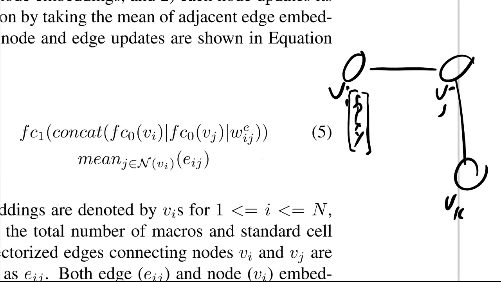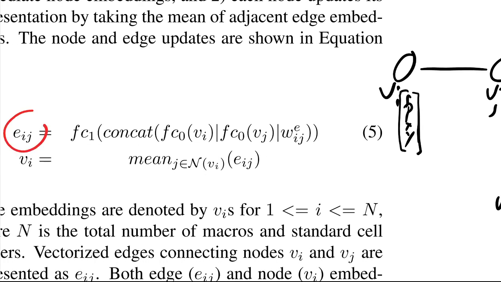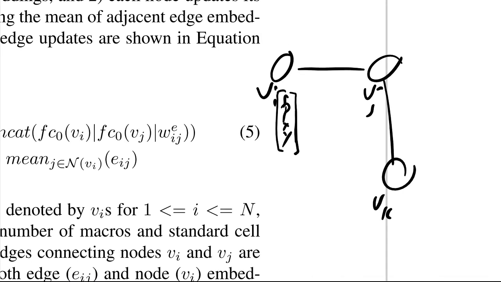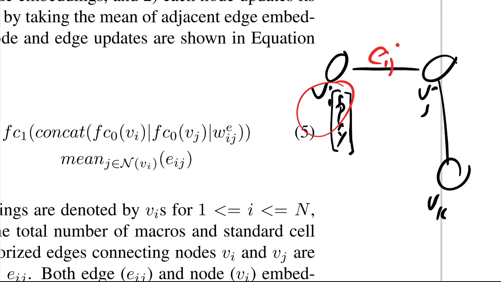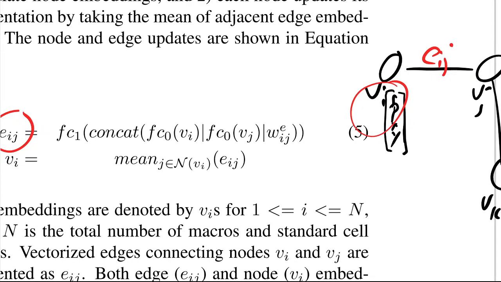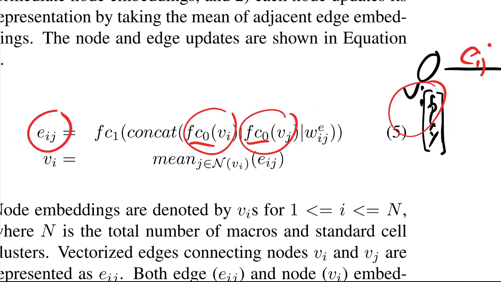You compute edge features by running first these things. So this is VI and VJ. For each edge, you take its nodes, run them through this fully connected layer. So you embed the features of the nodes, you concatenate them, and you run it through another neural network layer.